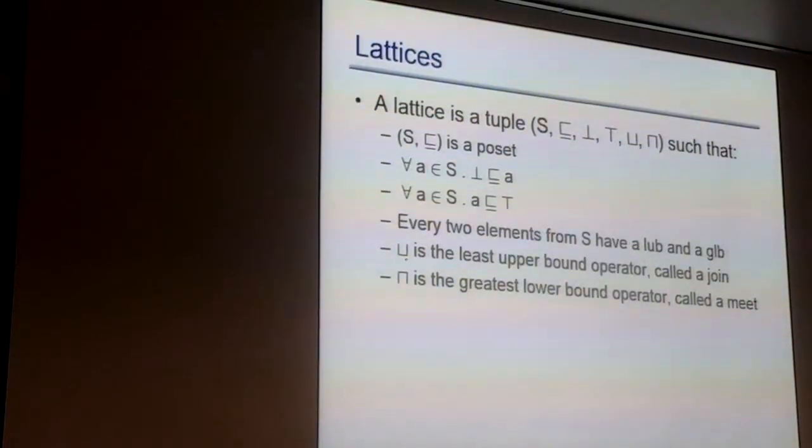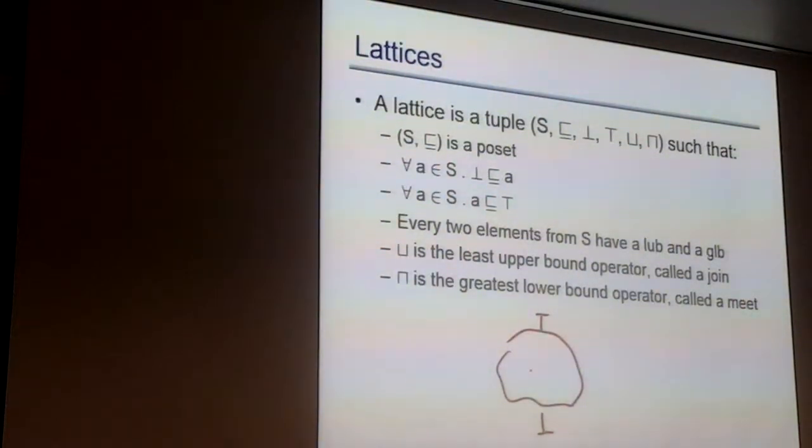So top is an upper bound on everything, but it may not be the least upper bound. There's only one top that's bigger than everything else. We'll see an example in a second. You can think of it like this: there's one top and one bottom, and in between there are a lot of things.